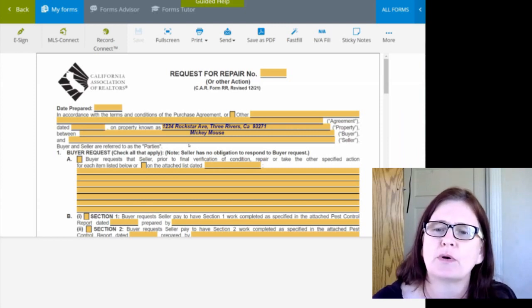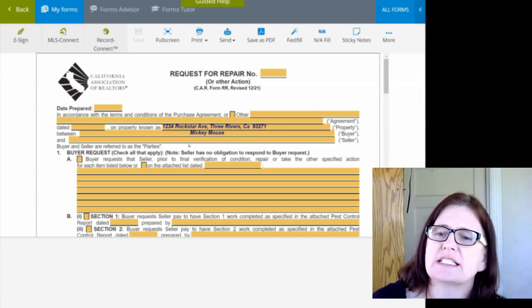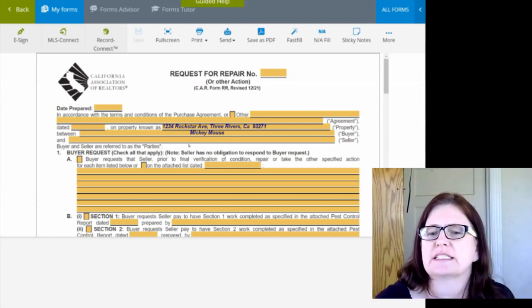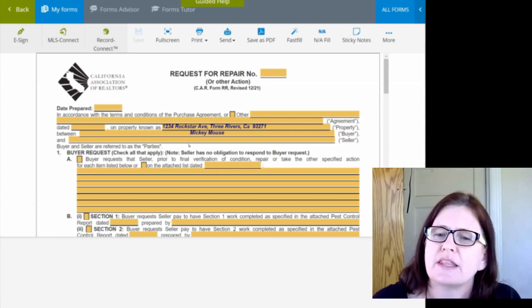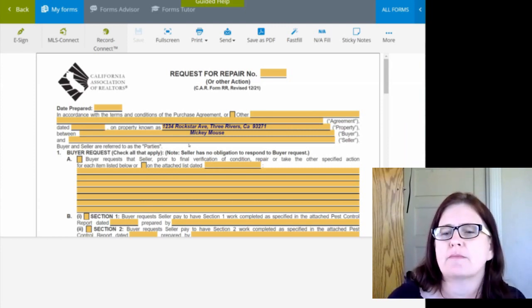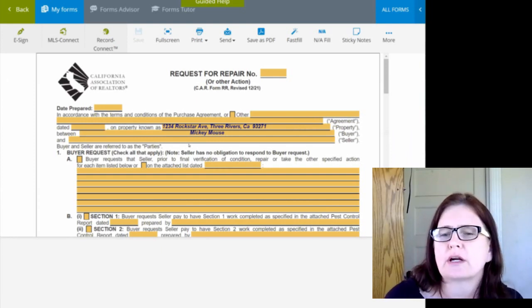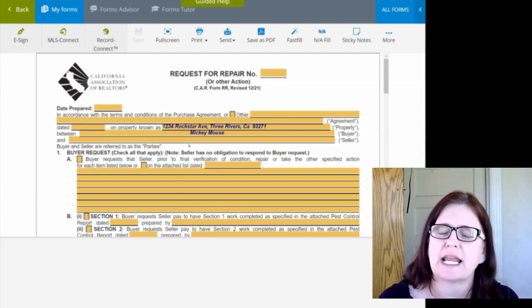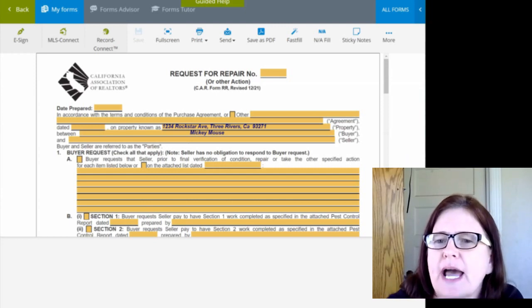But I always tell people, if you look around your house, most likely there are things that need to be fixed, things that you will eventually get to, and maybe things that you'll never even get to, and it's okay. When you're buying a house, it's the same thing. The house is not going to be 100% perfect. So when we are looking at a request for repair and the inspection reports and deciding what items we want to ask for, who knows what type of items we want to ask for?